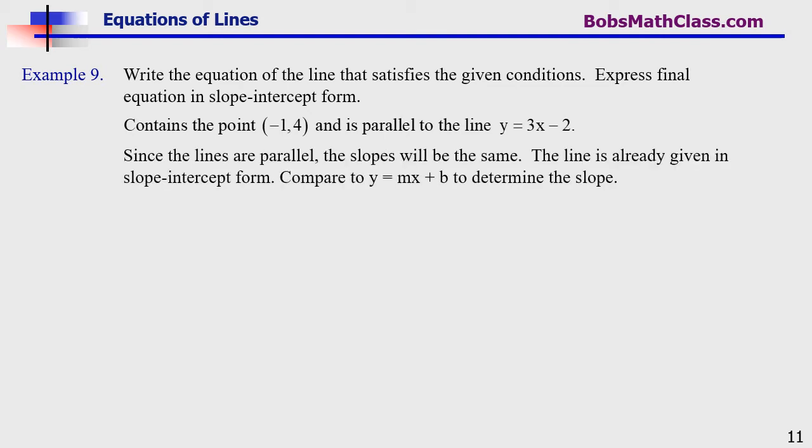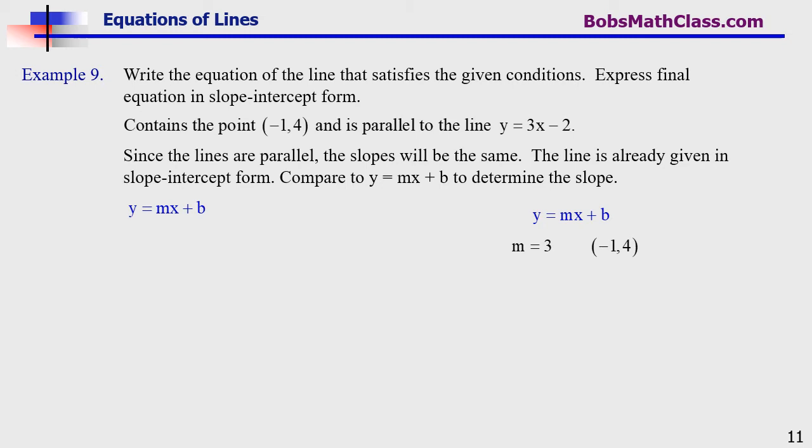So since the lines are parallel, the slopes will be the same. The line is already given in slope-intercept form, so you compare it to y equals mx plus b to determine the slope. All right, so y equals mx plus b, so m equals 3. And then we already know the point, negative 1, 4. So now we're going to do what we were doing earlier.